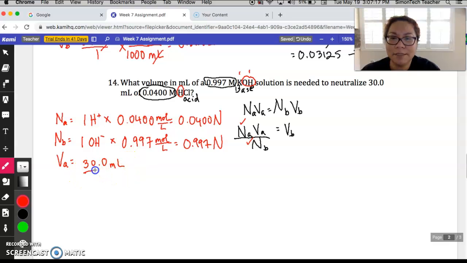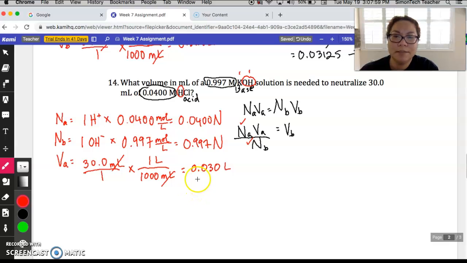So 30.0 milliliters over 1, we're doing conversion. Do the times and the line for your conversion factor. And do you guys remember how many milliliters there are for every liter? Yes, you do. There are 1,000 milliliters for every 1 liter. So cancel out the milliliters. 30.0 divided by 1,000. Just move the decimal 3 spaces to the left because there are 3 zeros down here. So it will be 0.030 liters of the acid.